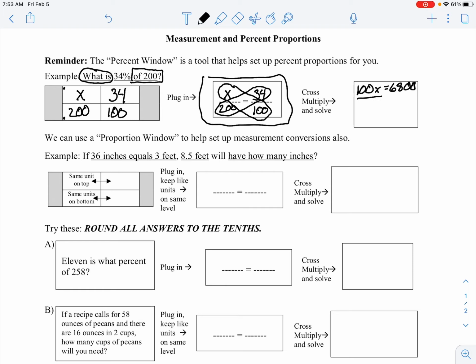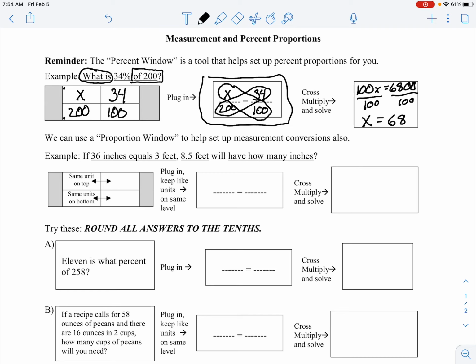And then to solve this, we are going to divide by that 100. So x will be 68. What this is saying is that 68 is 34% of 200.